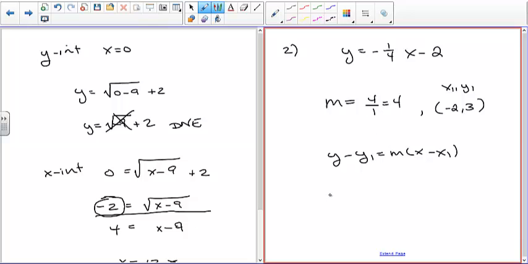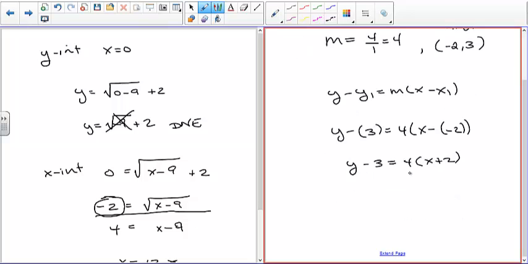So in our case, we're going to subtract y1, which is 3. We have the slope 4 times x minus x1, which is negative 2. So when we subtract a negative 2, we're going to get positive 2. Then you distribute the 4, so you get 4x plus 8.